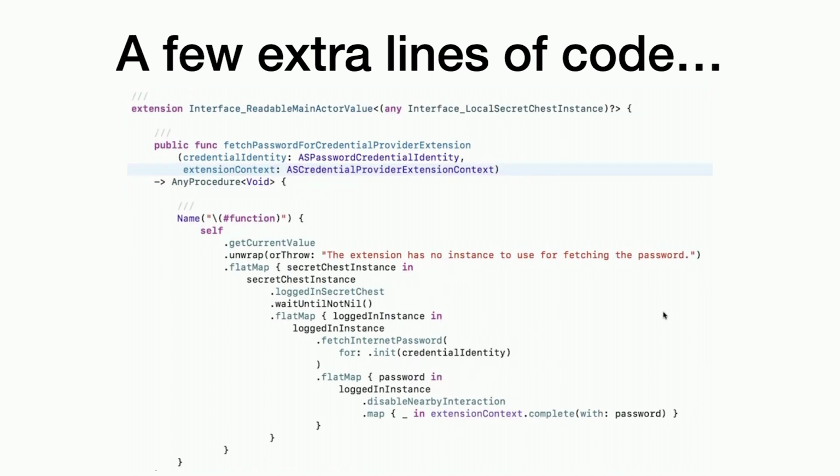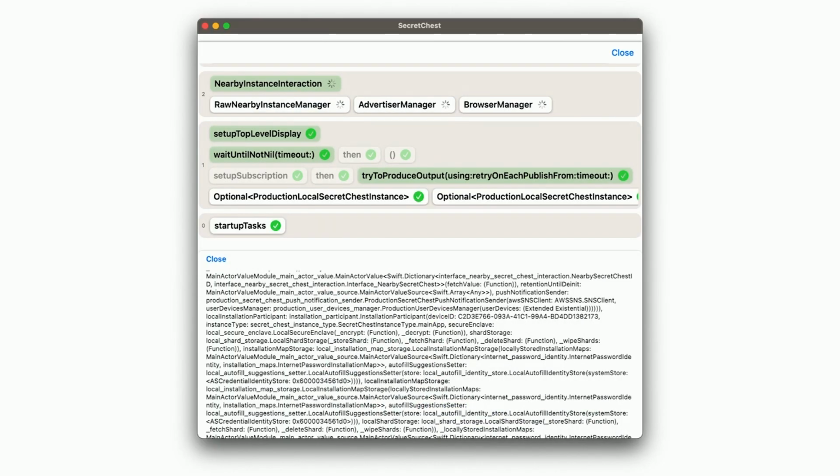So we wrote this framework for Secret Chest, which we'll open source separately, maybe by Mac sysadmin, that gives us the ability to basically take a functional programming approach to showing how our information is flowing between our different functions and classes.